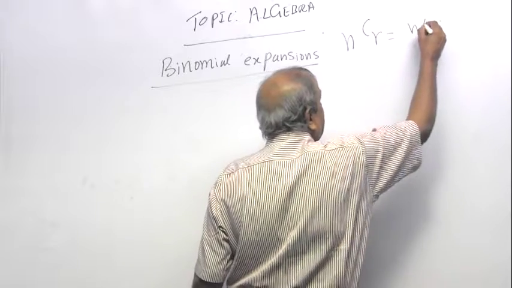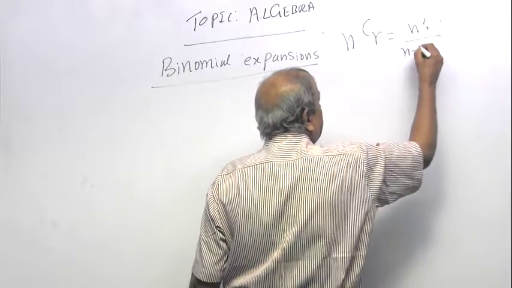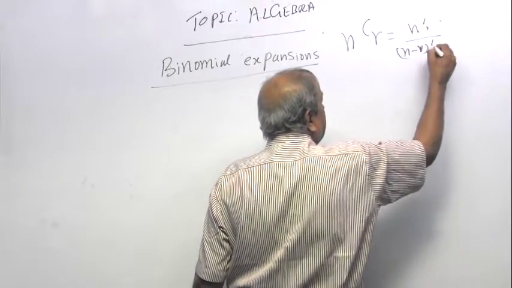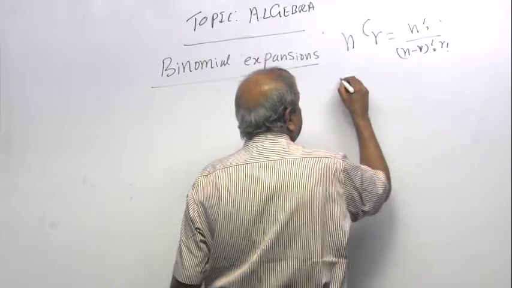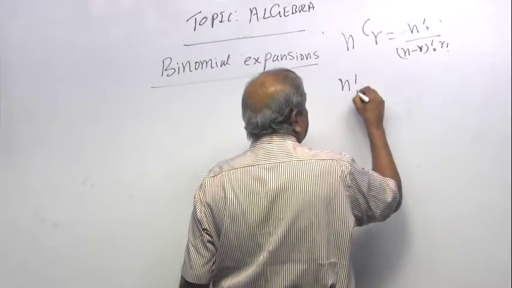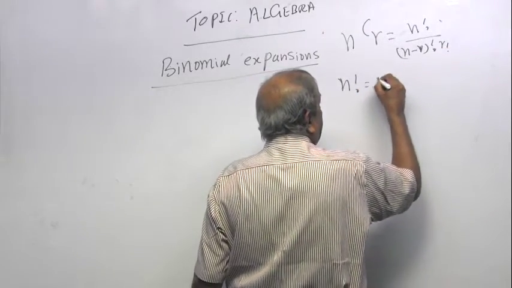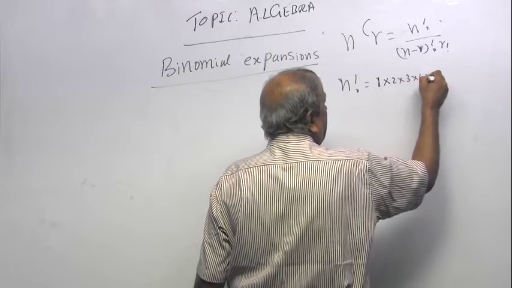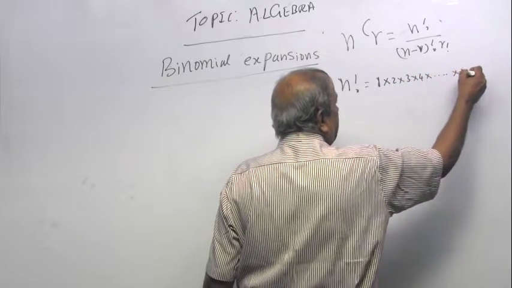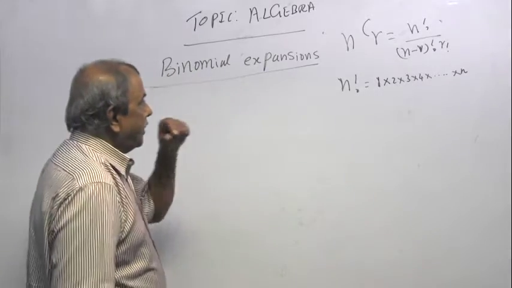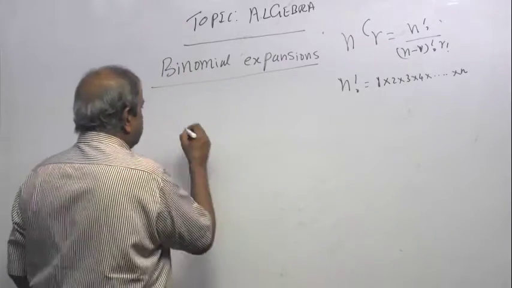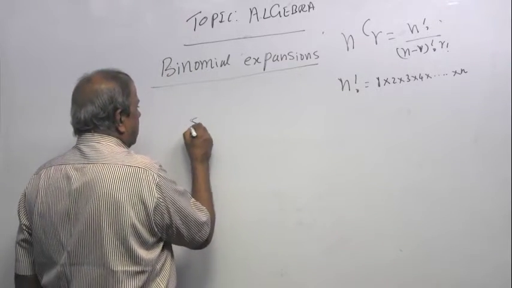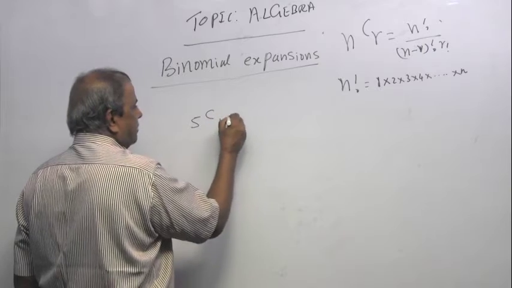nCr is n factorial over (n minus r) factorial, r factorial. n factorial means 1 times 2 times 3 times 4, etc., times n. I just want to take you through some examples. What is, for example, 5C1?